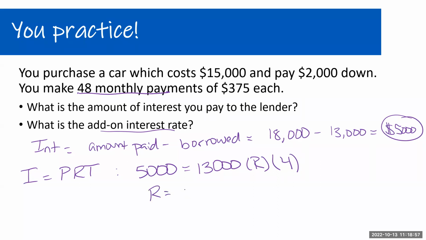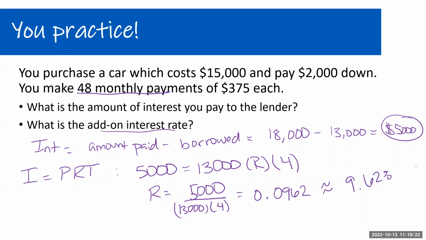With a little bit of algebra, we're going to see that R is going to be that $5,000 divided by 13,000 times 4. And that is going to give us 0.0962 roughly, or 9.62%. Okay, so that is going to be our add-on simple interest rate, 9.62%.